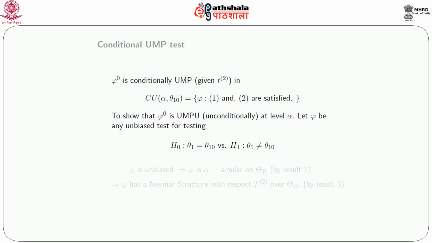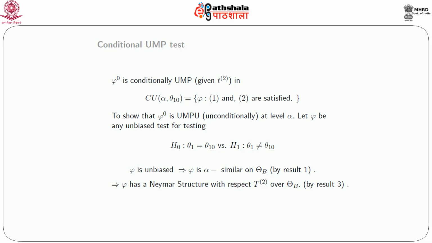To show that phi naught is UMPU unconditionally at level alpha, let phi be any unbiased test for testing H0: theta 1 equals theta 1 naught versus H1: theta 1 not equal to theta 1 naught.